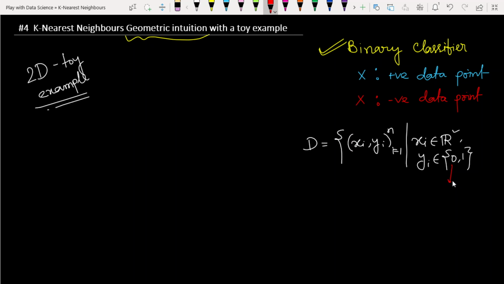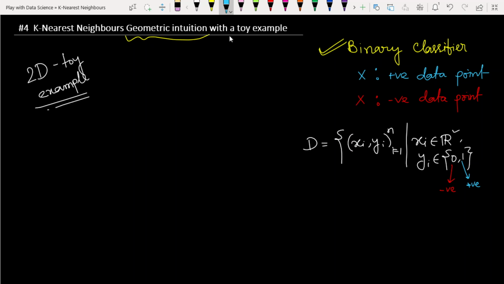I am using 0 for negative data points, and 1 for positive data points. This is our simple data set.